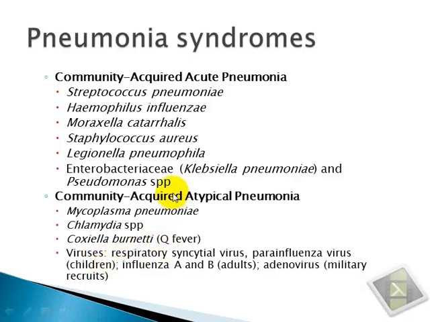Now remember, atypical pneumonias are those types of pneumonias which will cause exudates in the interstitium, whereas the typical pneumonias will cause exudates in the alveoli. So they will lead to alveolar exudates, whereas these will lead to interstitial exudates.